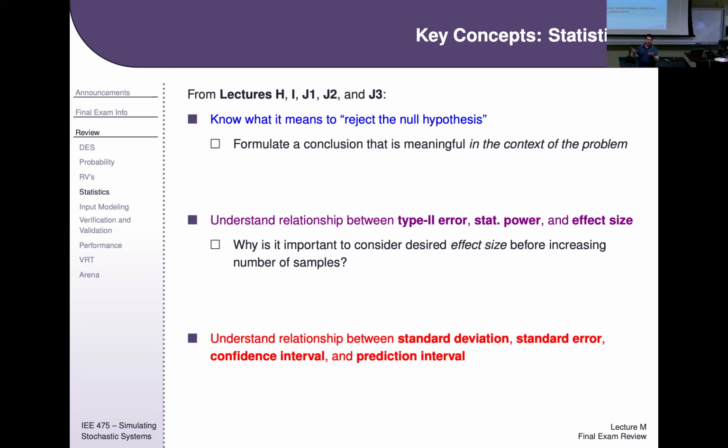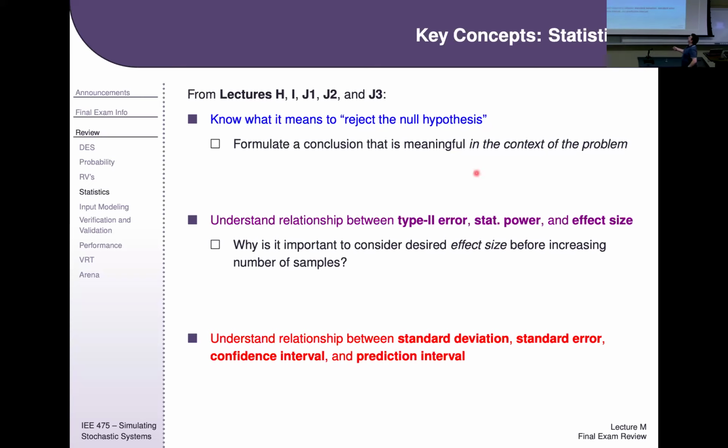Other times, detecting a difference from the null tells you that you need to reshape your model, because you've now detected that the inputs you've used are different than the inputs for the real system. And so now you need to reshape the inputs in your model. So, there's not one way to interpret rejecting the null. It depends on the context.